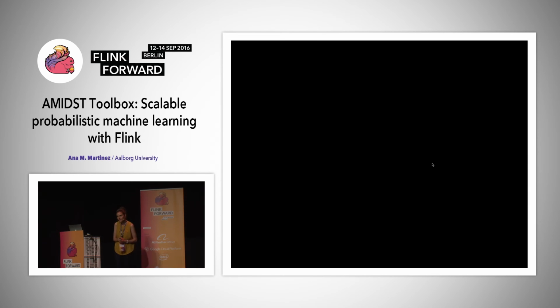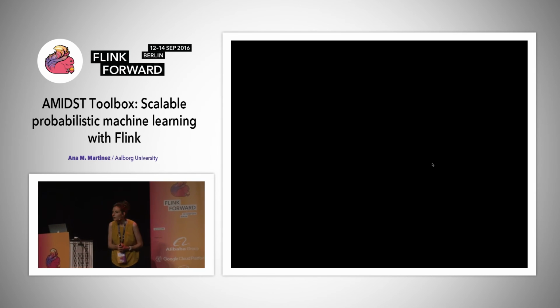Any other question? In your implementation of the algorithms, do you use the streaming API of Flink? No, we don't. But it could be easily adapted to use the streaming API from Flink. We use the batch API, but we do it in a streaming fashion.